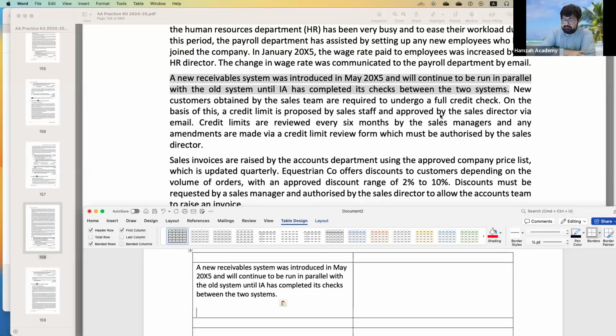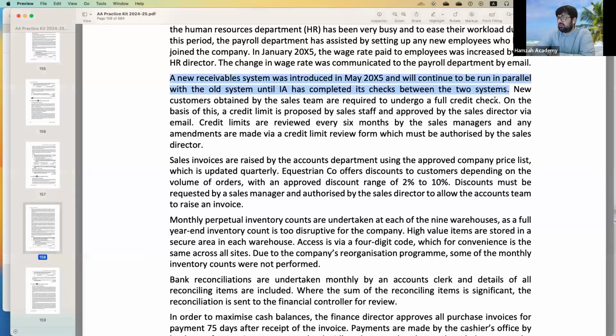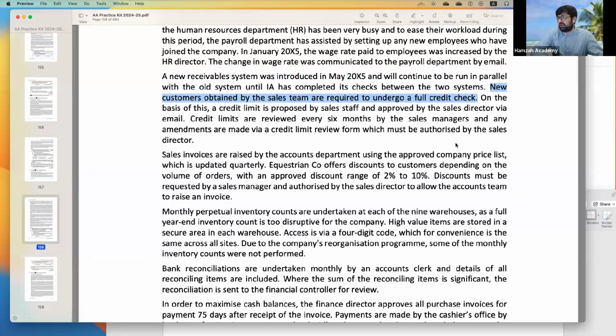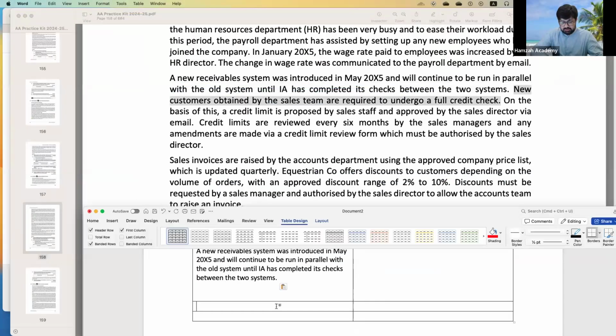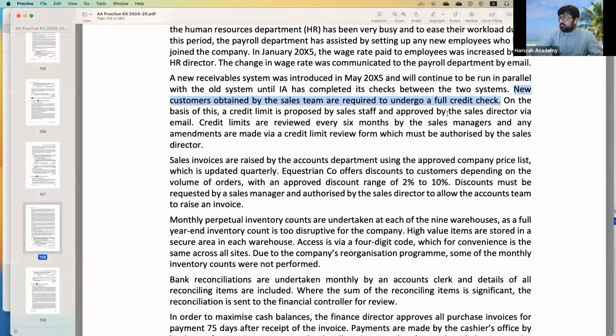So two controls are there. New customers are obtained by the sales team and they undergo a full credit check. Very good. Third point is a credit limit is proposed by sales staff and approved by the sales director via email.